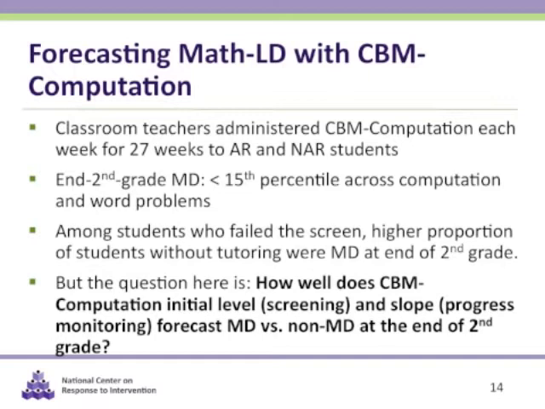But the question here is, how well does CBM computation initial level, that is, the first grade screen, and the CBM computation slope of improvement, that is, those 27 progress monitoring tests that we collected over the course of first grade, forecast MD versus not MD at the end of second grade?